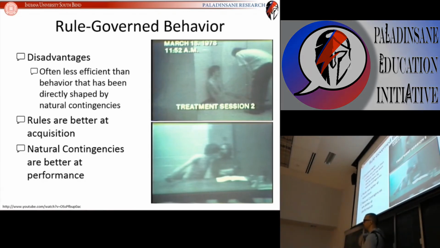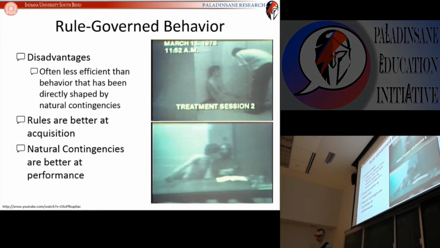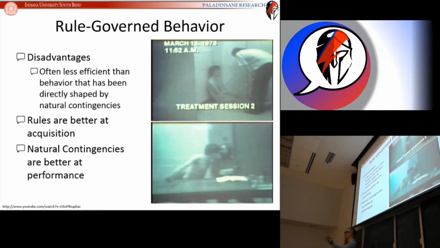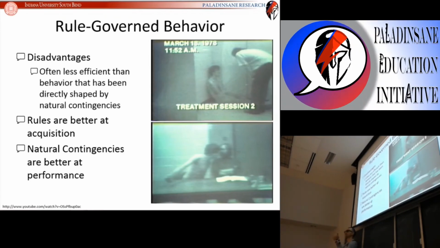And this is easily illustrated if anybody has ever tried to achieve proficiency at a sport or achieve proficiency at a musical instrument just by reading about it. So if you have ever said to yourself, you know what, I want to become the world's greatest baseball player of all time, and the way that I'm going to do it is I'm going to read this entire encyclopedia of baseball.